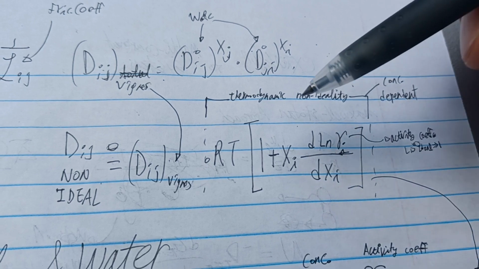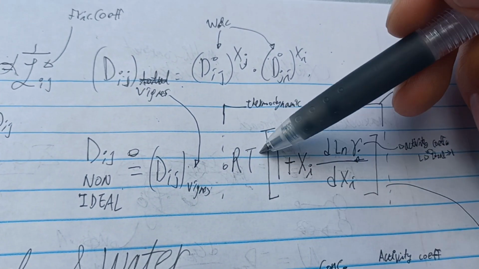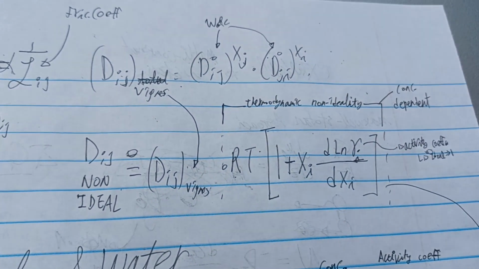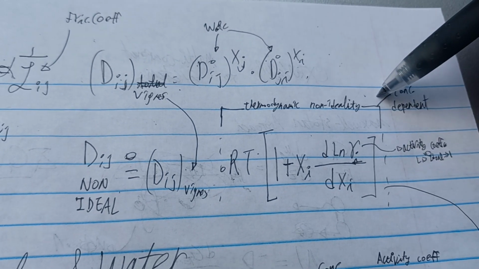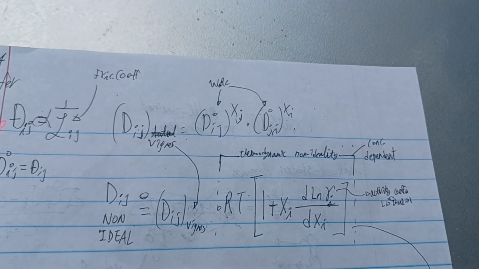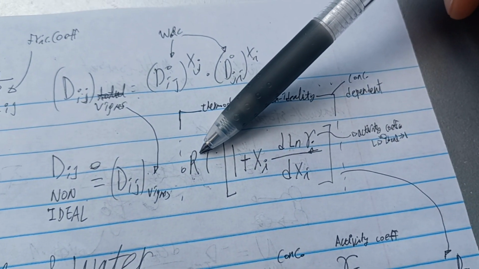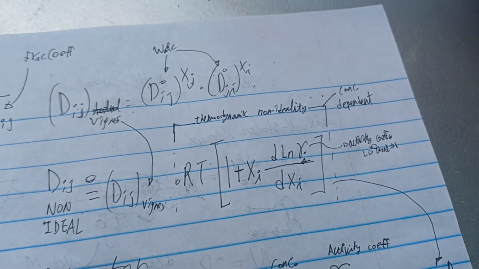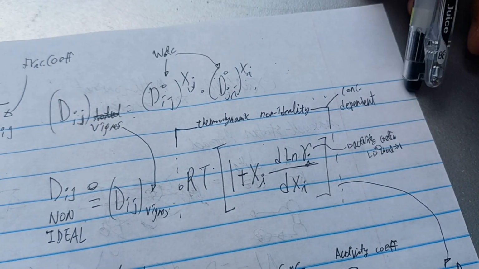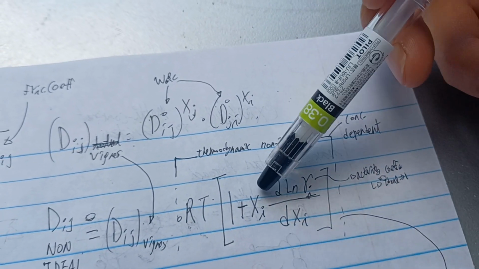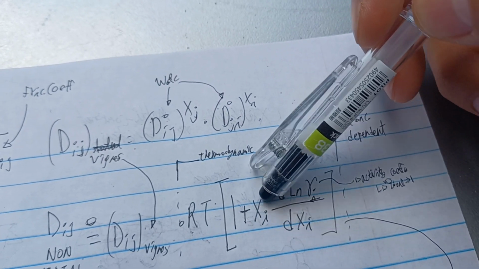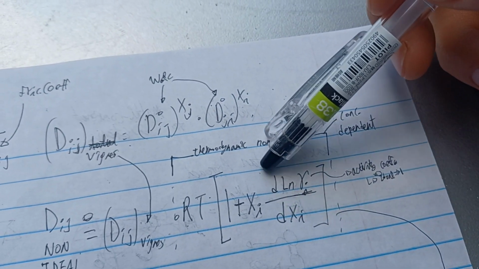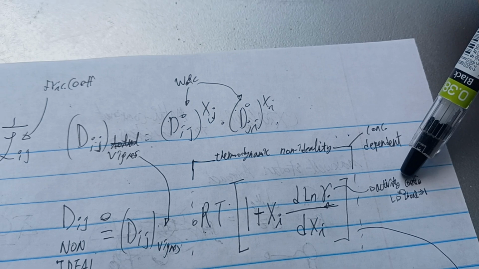correctional component, which is RT. T is temperature, R is the gas constant, which is just the Boltzmann constant times Avogadro's number, and then 1 plus xi, the concentration of i, times d ln gamma, which is the activity coefficient.